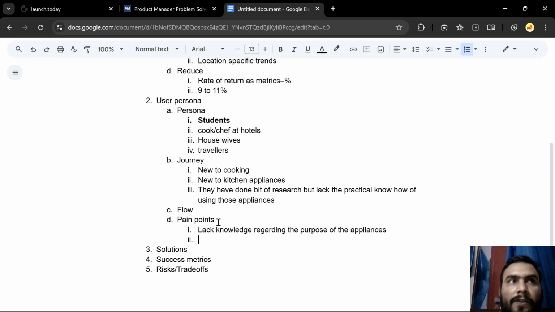What other pain points they face is the pricing part, the affordability part, because it is an expensive item, and there is a lack of affordable products in this category.